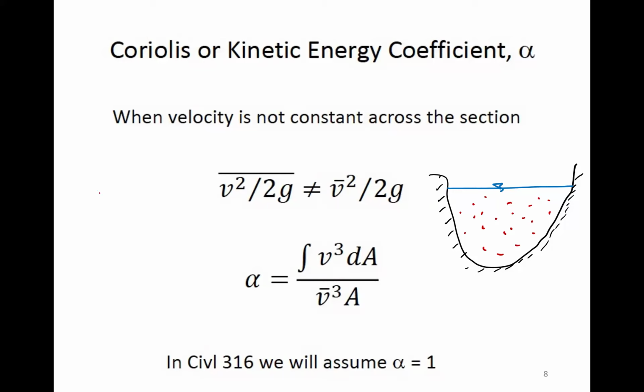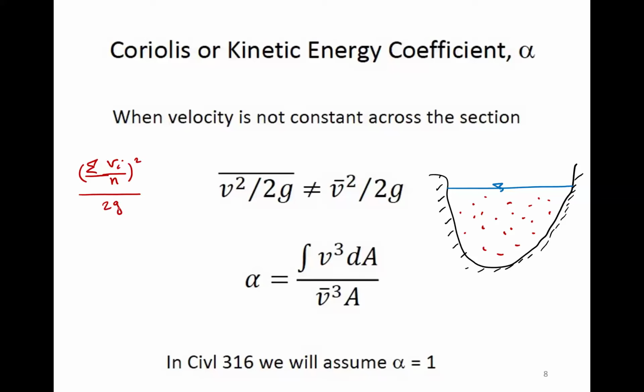In other words, I'm going to write it here: if you average the velocities, so you say, okay, the V_i's, add them up, sigma V_i, divide by n, and then square this and divide it by 2g. That's what it means.